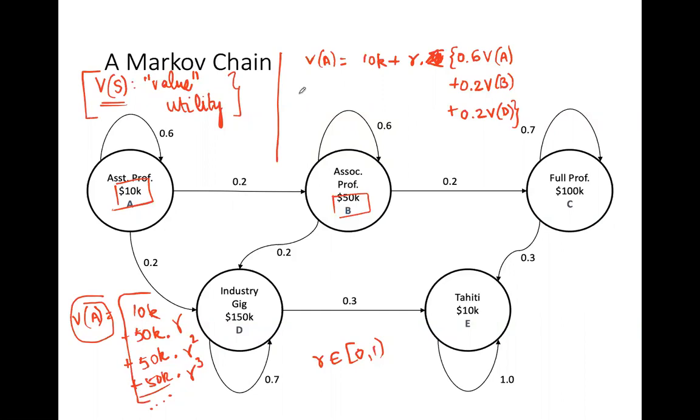We have one linear equation that relates the value of A to the values of its neighbors. If we repeated this exercise and came up with an equation for V of B, we'd have a similar looking equation for B, and similar ones for C, D, and E. So when you were done, you would simply have 5 equations and 5 variables. That's simply a system of linear equations.